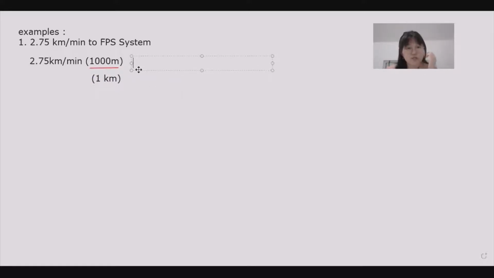And then you will need to change from meter to feet, because in the FPS system, it's feet, it's not meter. So 1 meter is equal to 3.28 feet.